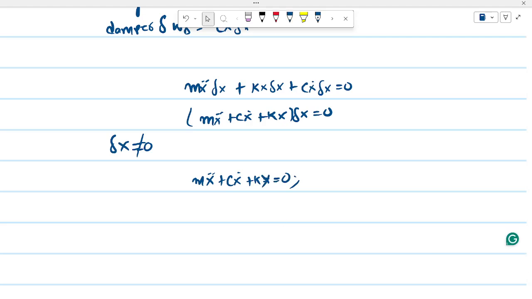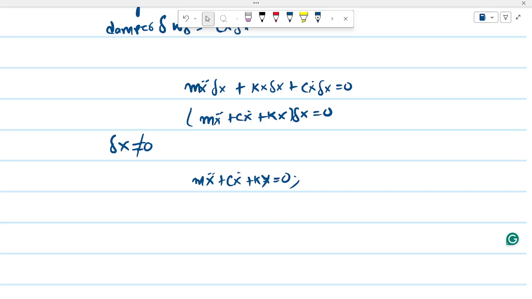So these are all the methods that we can use to derive the same equation of motion, depending upon what we are dealing with. Obviously when you're dealing with a multi-degree of freedom system, you can't use Newton's law. It's too difficult to apply to all of them. In some cases you can't do it. So you can use the Lagrange approach, you can use the virtual work method.